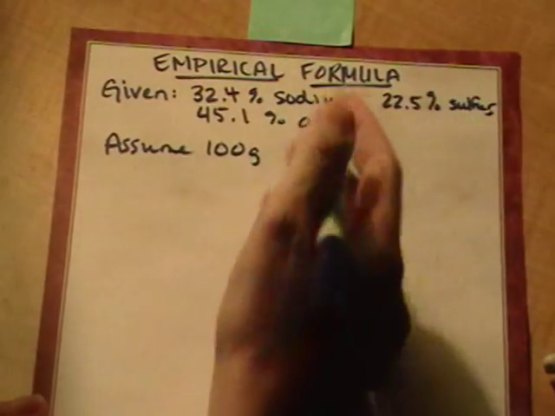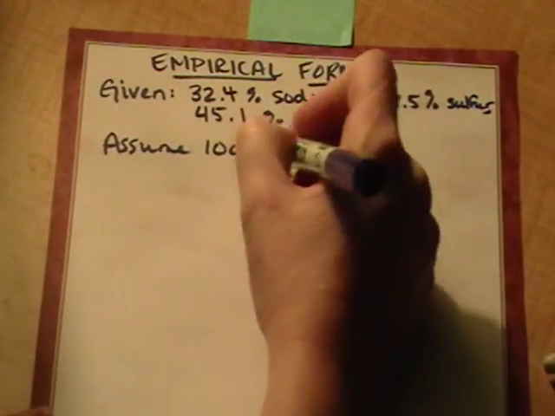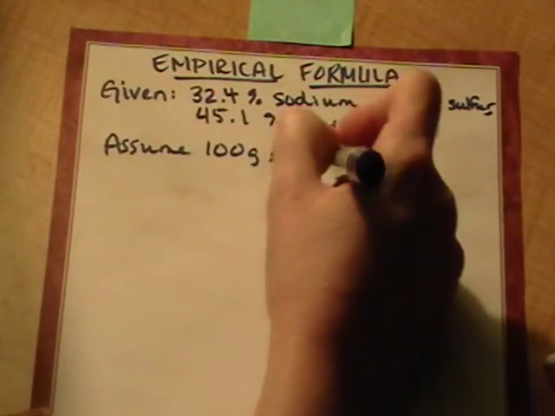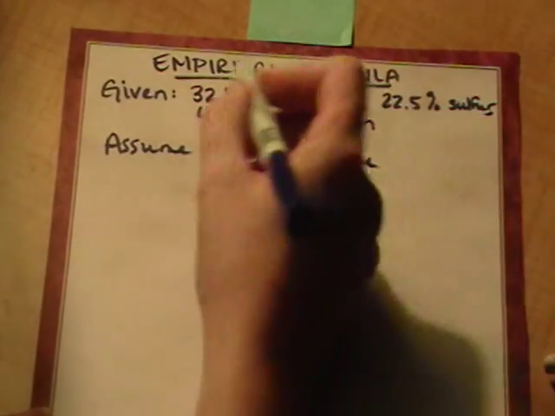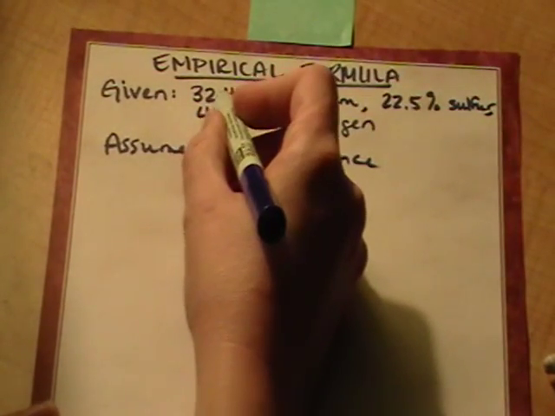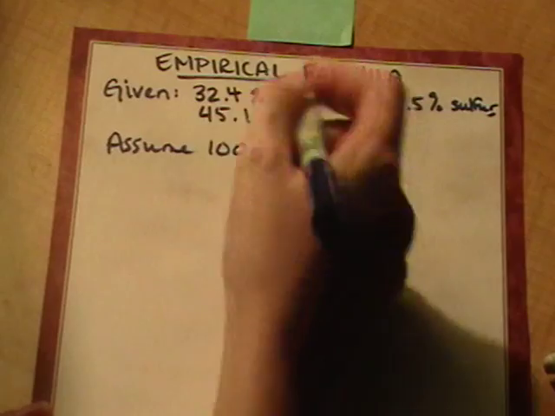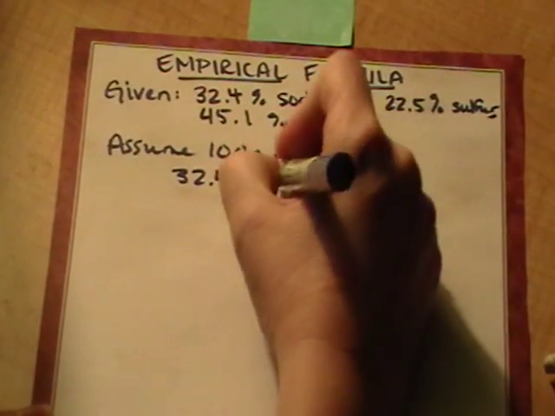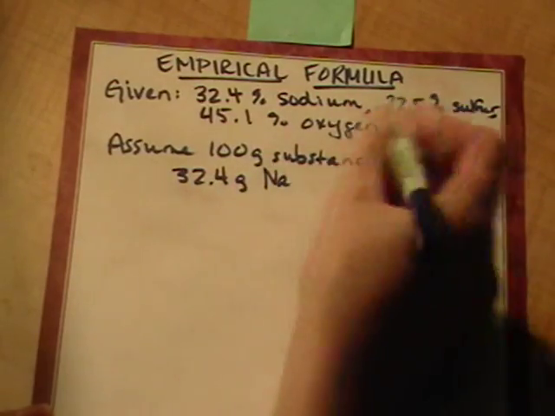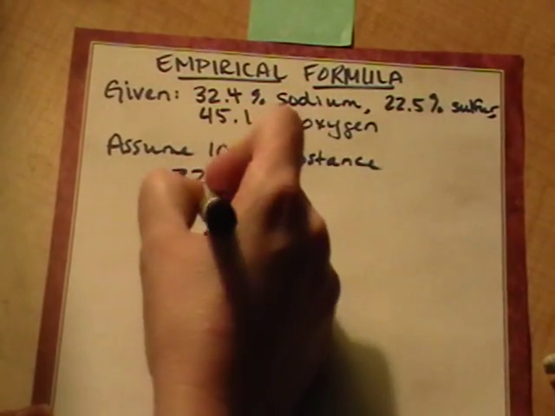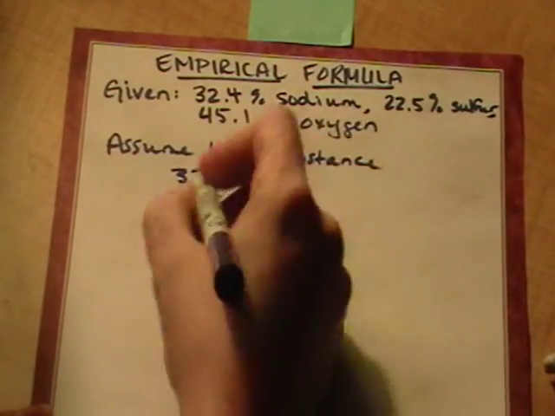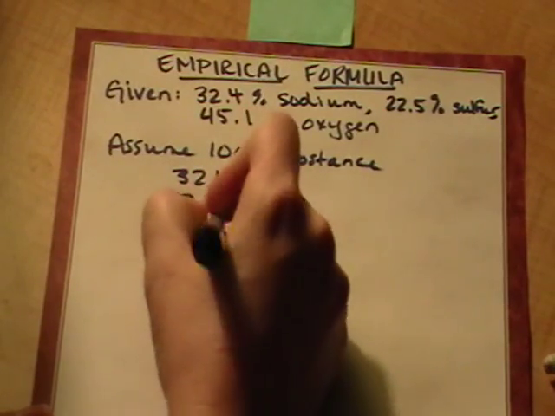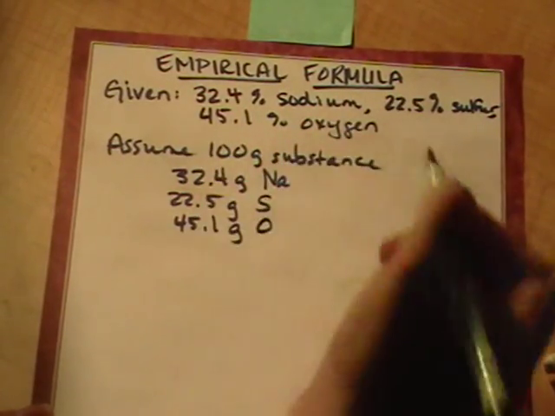Okay, so if I have 100 grams of this substance, then I can assume that 32.4% of 100 is 32.4 grams. So 32.4 grams of sodium, 22.5 grams of sulfur, and 45.1 grams of oxygen.